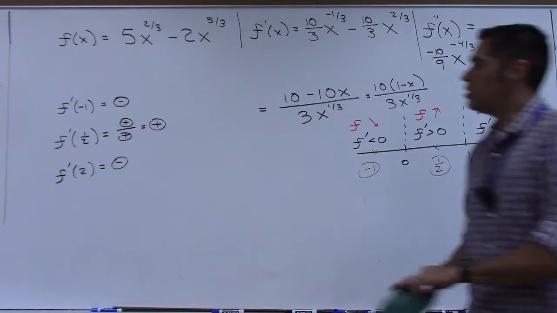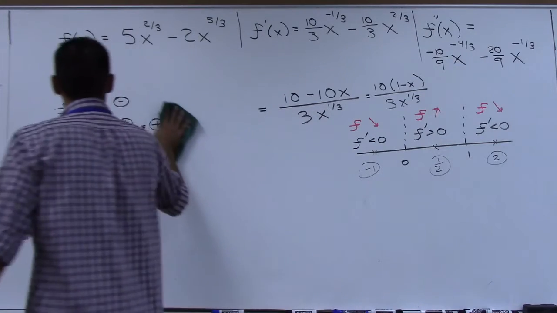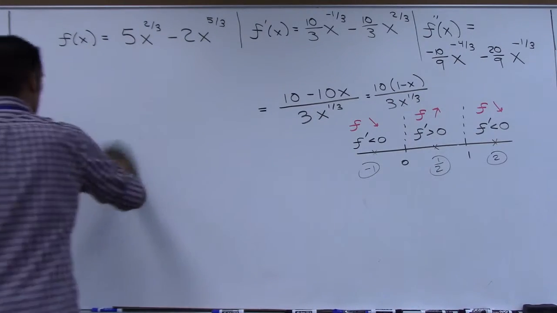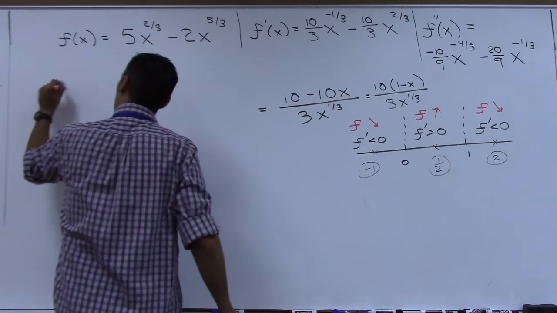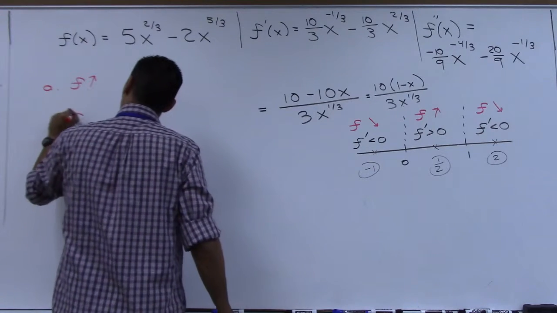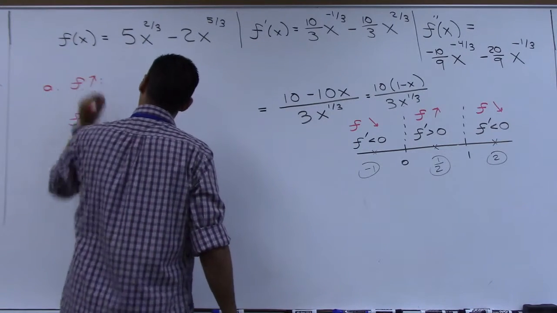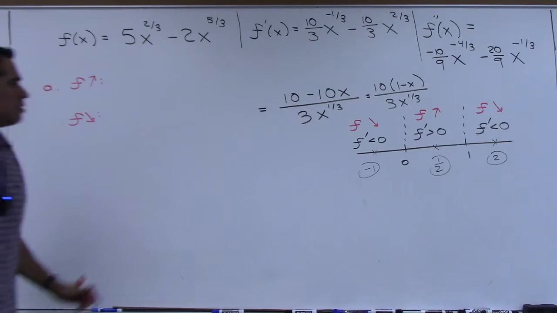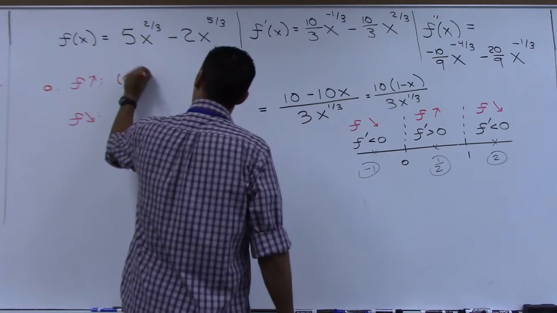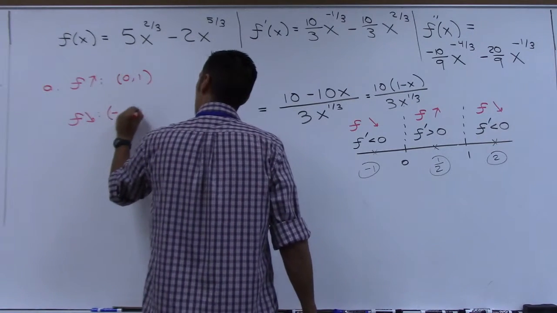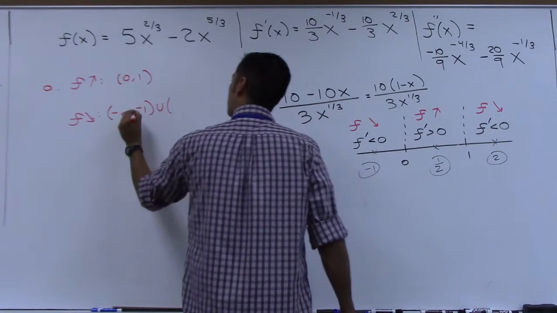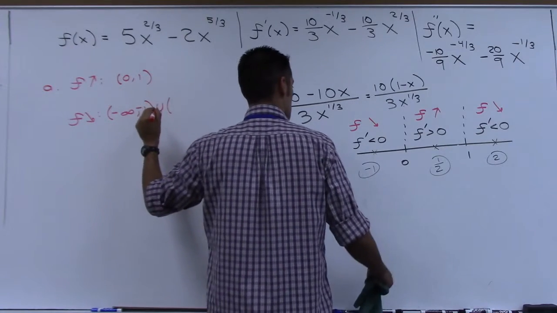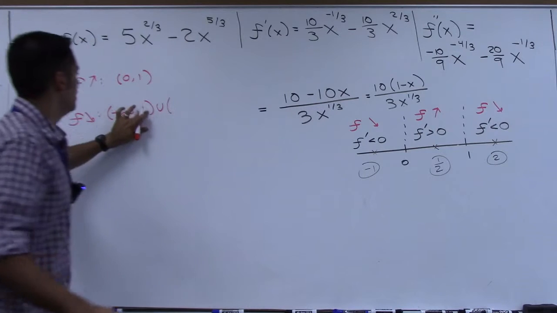Where is the function going up? Where is it going down? So this is the answer to part A. F going up, F going down. So it's going up from 0 to 1, going down from negative infinity to... no, it was 0. Hold on.